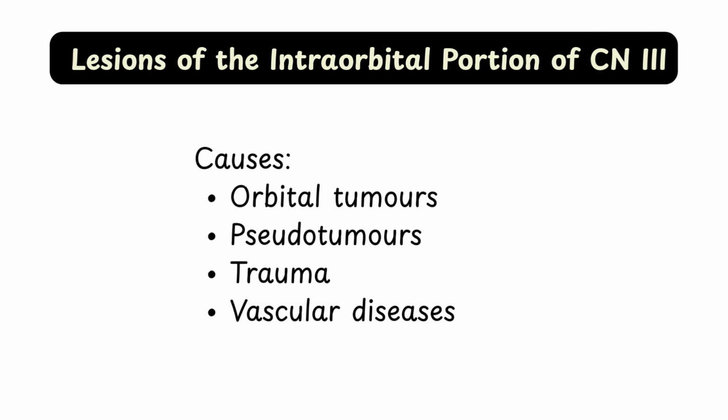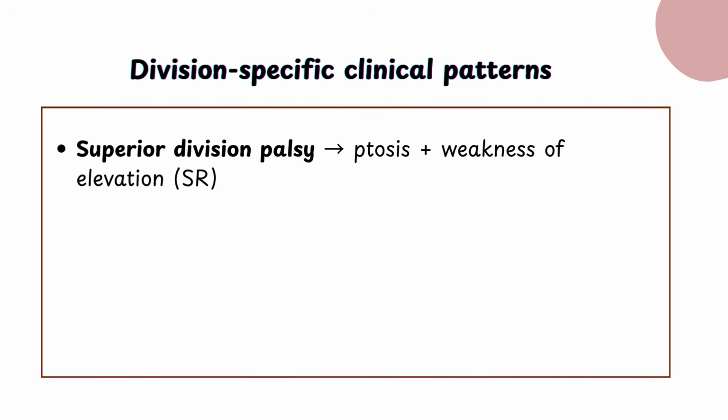When there is a lesion in the intraorbital segment, it's basically because of orbital tumors, inflammatory pseudotumor, trauma, or vascular lesions, and because of the branching pattern, you get division-specific deficits. In superior division palsy, you will get ptosis and loss of elevation.